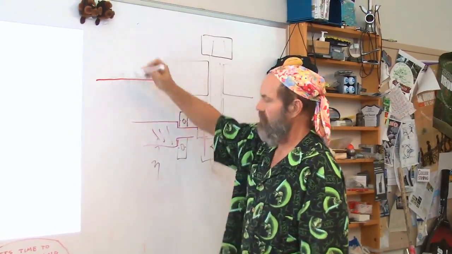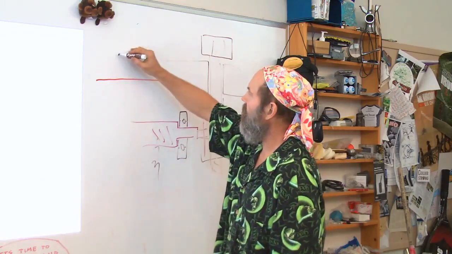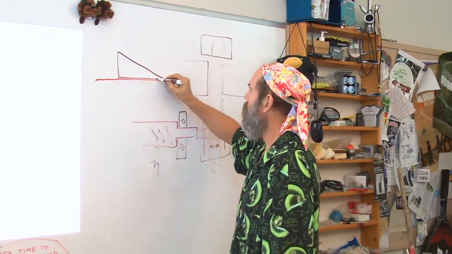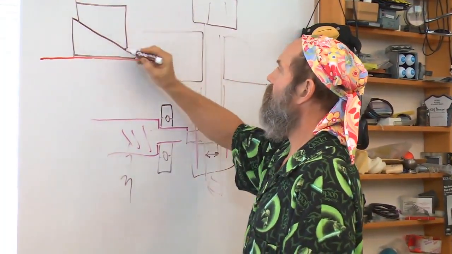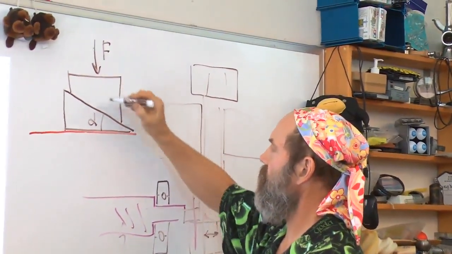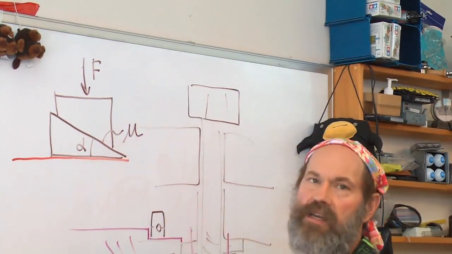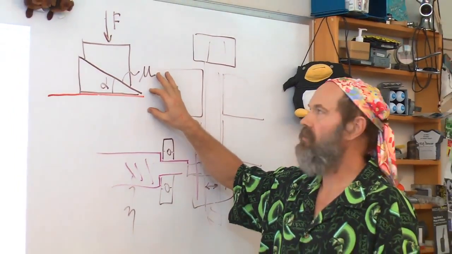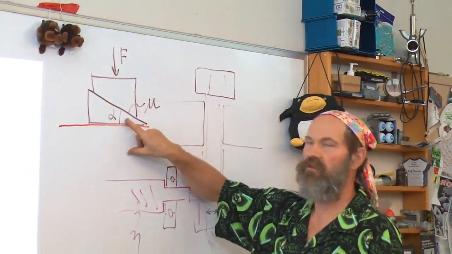And I'm sure in physics class you remember this problem of if I have a wedge and I have another wedge on top of it, is there some angle alpha such that when I push down with a force here, and given there's a coefficient of friction mu between the wedges, I don't get any motion? That's called a self-locking taper. And that's when this is a very shallow angle. This is typically about 10 degrees.